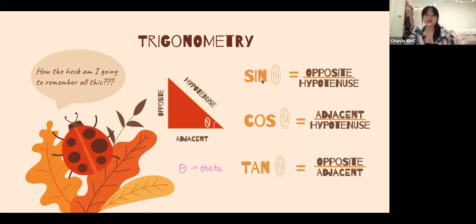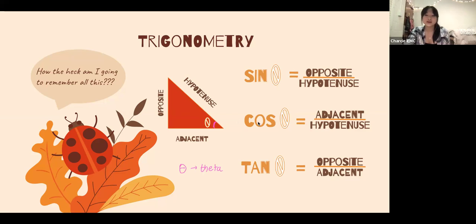So for sine of this unknown value, it's going to be using the opposite over the hypotenuse. So if we look at the graph on the side and look at the side opposite to that and the side that is the longest, the hypotenuse, we can use those and make a fraction.